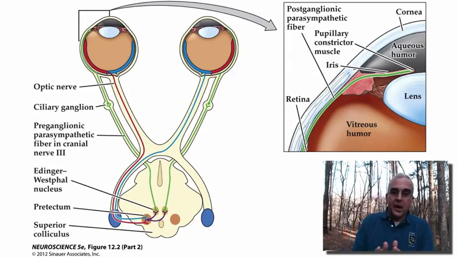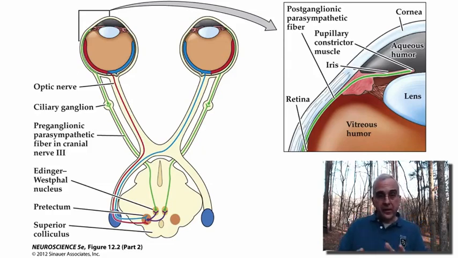Now, our focus here is on the constriction of the pupil, but let me just say in passing that there's also a dilation of the pupil that's under the governance of the sympathetic nervous system. And as you may recall, the sympathetic outflow comes from preganglionic neurons in the intermediolateral cell column of the thoracic spinal cord.